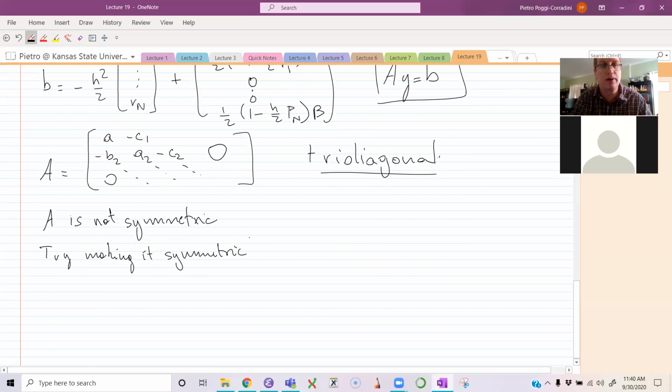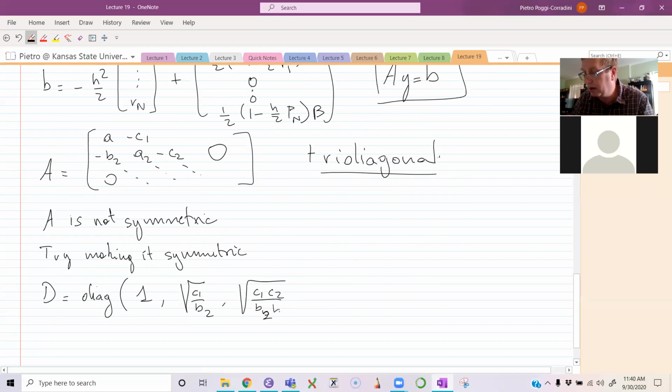How would we go about doing that? Let me just show you the trick. The trick is to take D to be a diagonal matrix with the following entries: 1, square root of C1 over B2, square root of C1 C2 over B2 B3, etc.